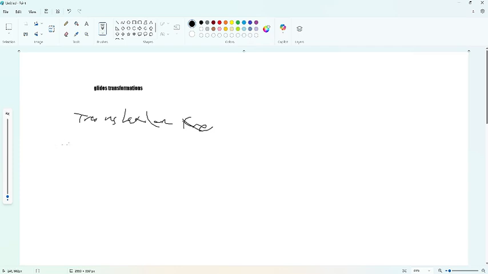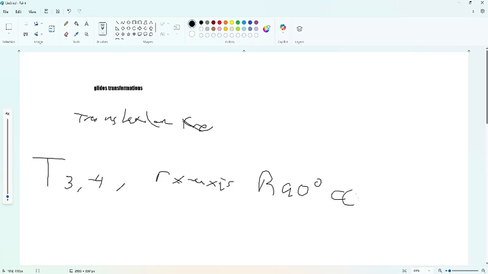And you would have to know how to write these rules. Like translation 3 units right and 4 units down. Then it's lowercase r for reflection, capital T for translation, the x-axis, and capital R for 90 degrees counterclockwise or something, right?